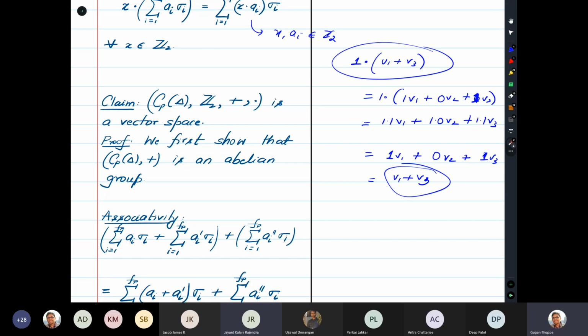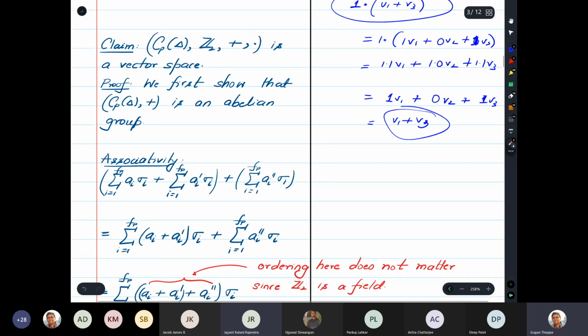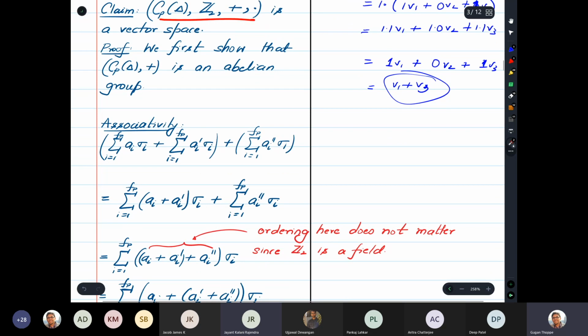So the vector addition and scalar multiplication operations are explicitly defined, and now we claim that this set CP delta along with this field Z2, and on top of that these addition and scalar multiplication operations that we just defined, together forms a vector space. Over the next couple of minutes, we will formally verify that this indeed is a vector space.